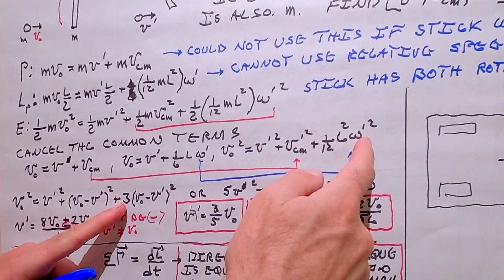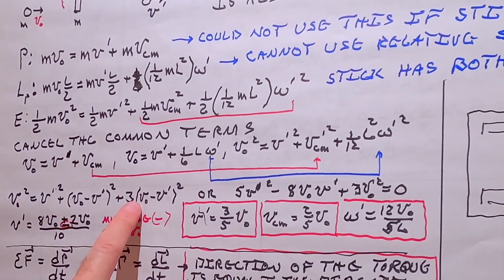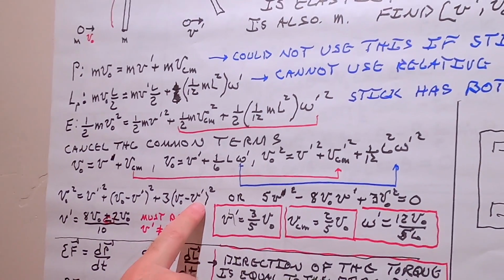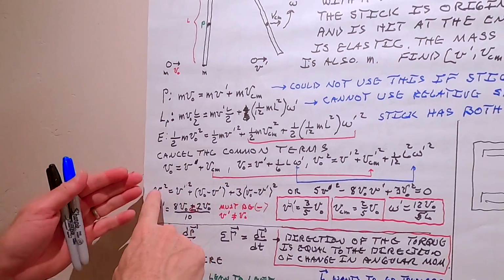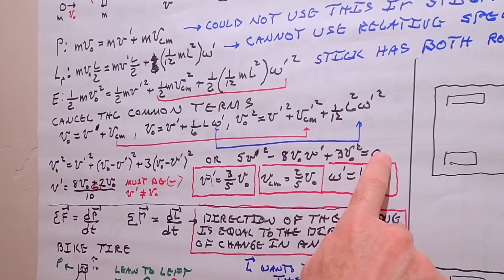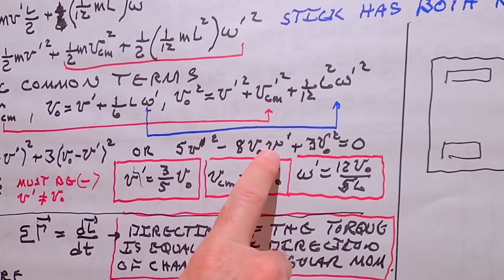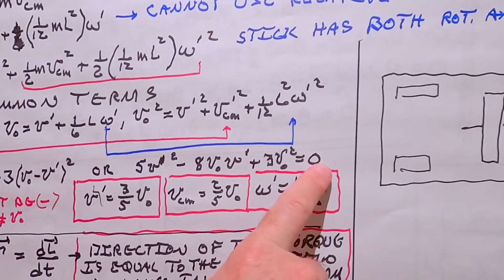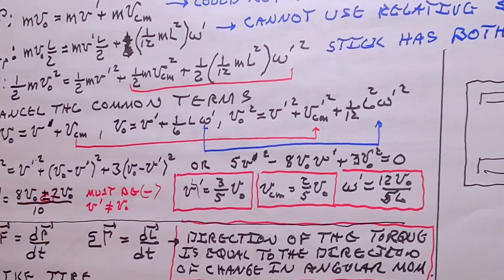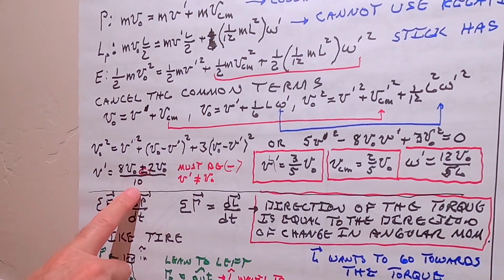We're going to square it, which gives me a 36 over 12, which gave me the 3 times V naught minus V prime. I squared it all out and canceled the terms, and I came out with this quadratic: 5V prime squared minus 8V naught V prime plus V naught squared equals 0. Solving the quadratic, it was 8V naught plus or minus 2V naught, over 10.